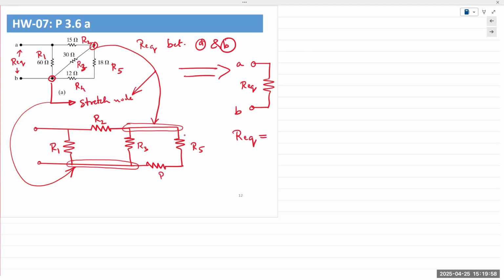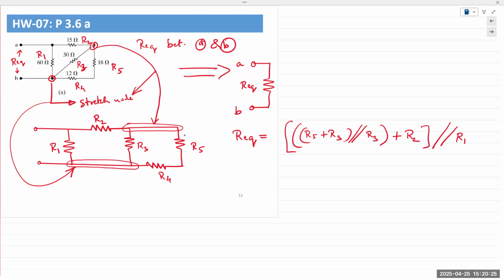I can see R5 and R4 are in series, which is then in parallel with R3, which is then in series with R2, and then which is again in parallel with R1. Okay.